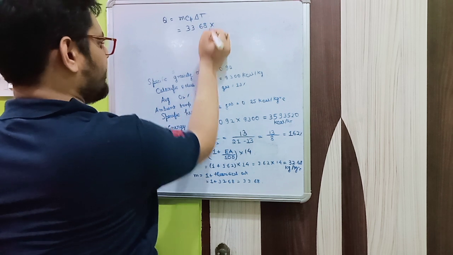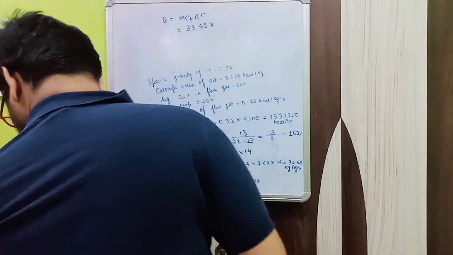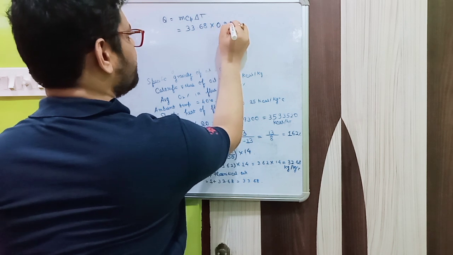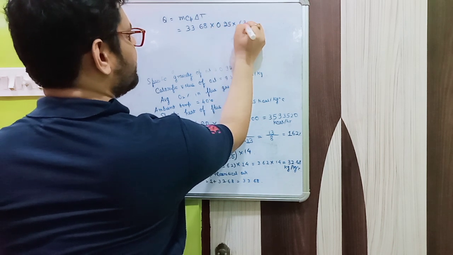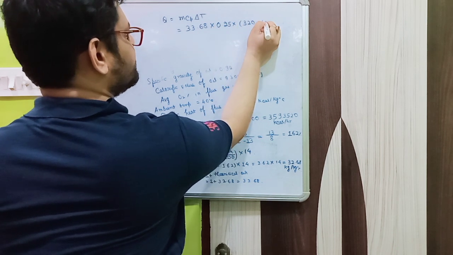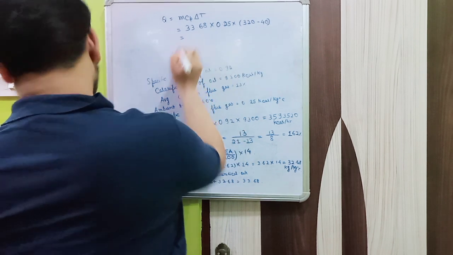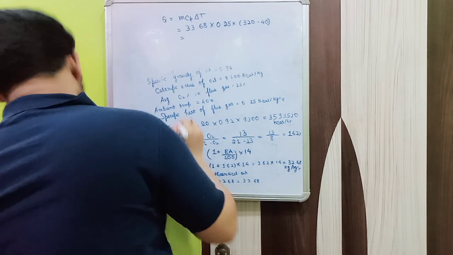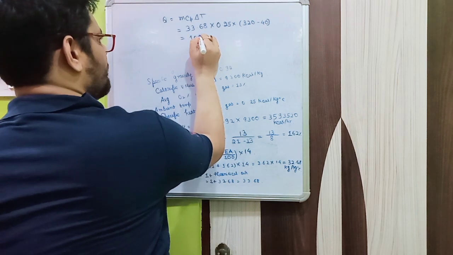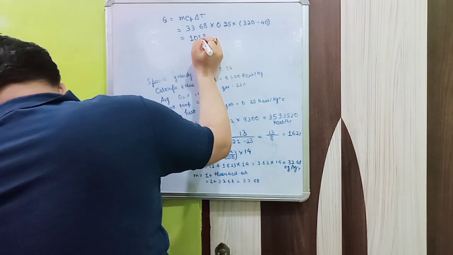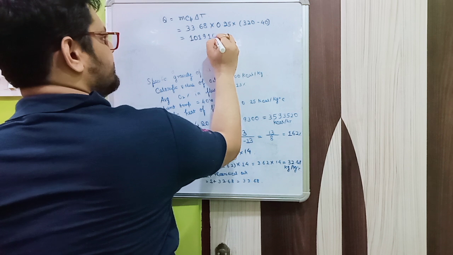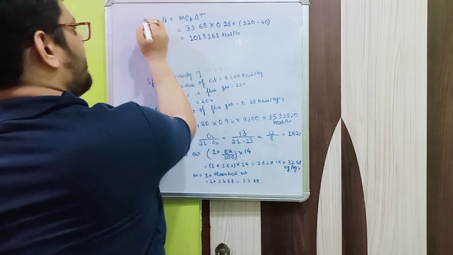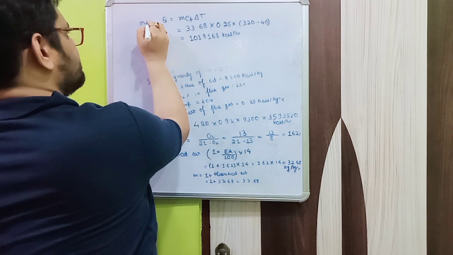Cp is the specific heat, already given as 0.25. Delta T is nothing but 320 minus 40. If we calculate the whole value, we get 1019168 kilocalorie per hour. So this is the output.